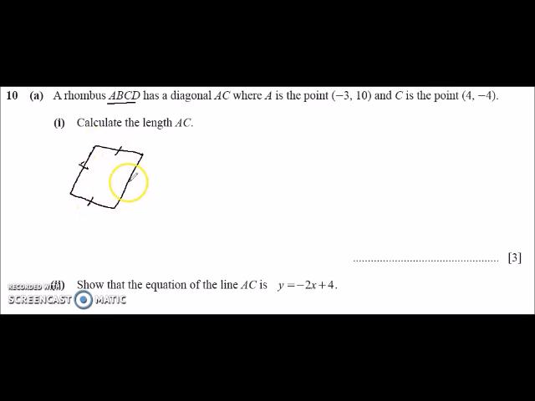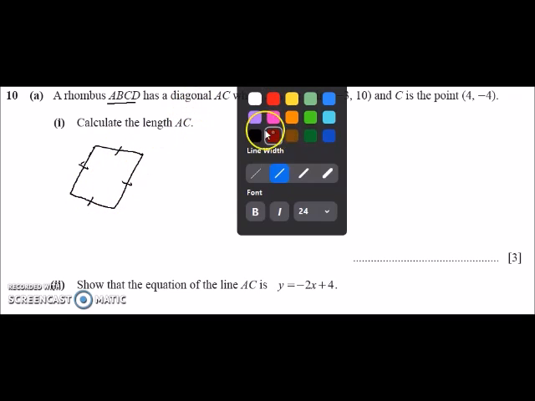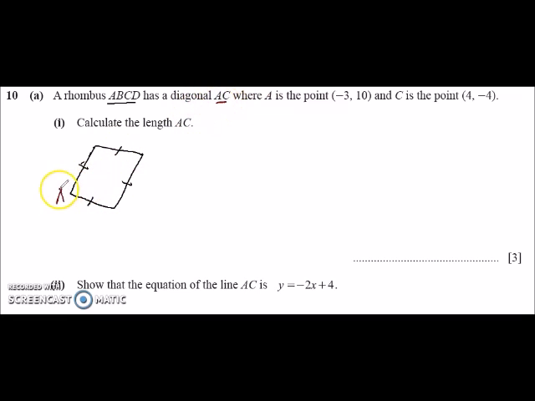If there is a diagonal, it means diagonal AC. A is here, C is over here. This is the diagonal, please remember this. And then BD here will be exactly at the midpoint of AC. So this is the concept here.